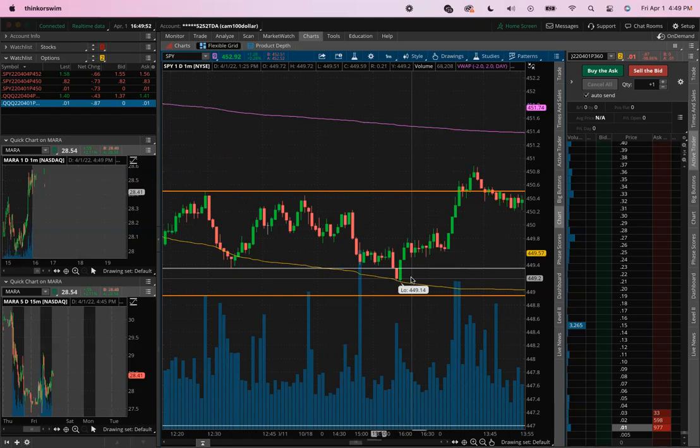Because Delta's working for them, Gamma's working for them, and Vega's working for them. So if you buy right here, supply is low, demand is high, so the price is going to be raised. This is just like anything, right? When supply is low and demand is high, the price goes up. Same for option contracts, right?